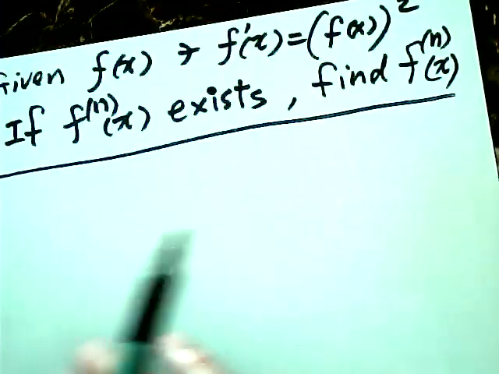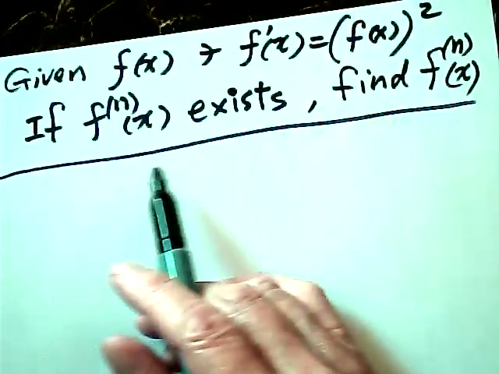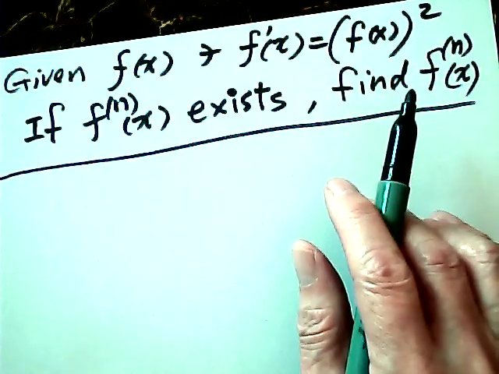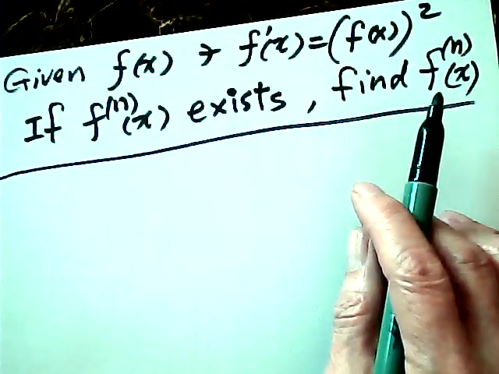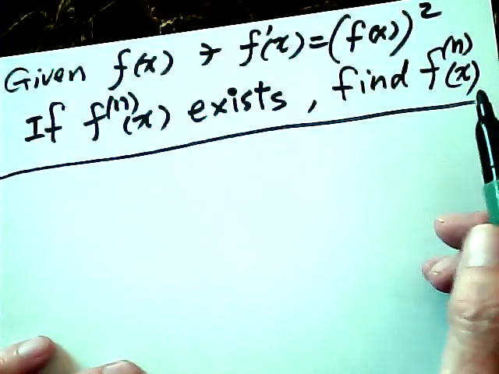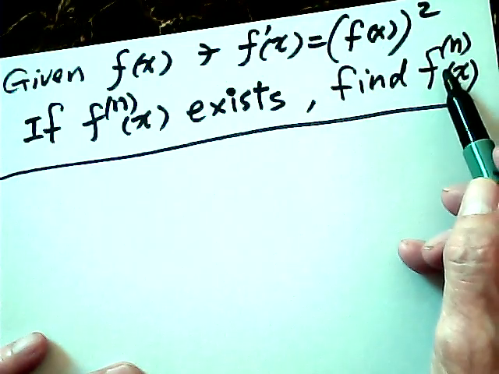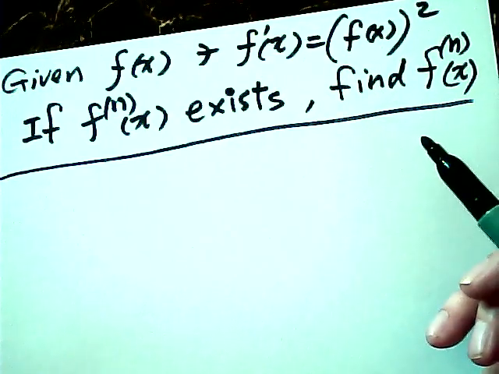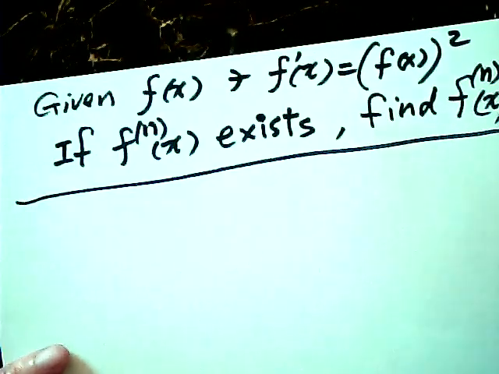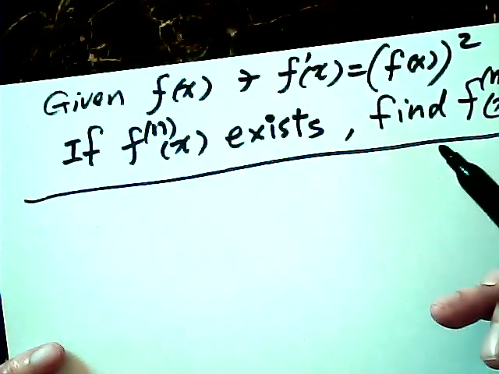I hope the introduction is clear. Now then, how do we start? We're looking for the nth derivative of f of x, and suppose it exists.